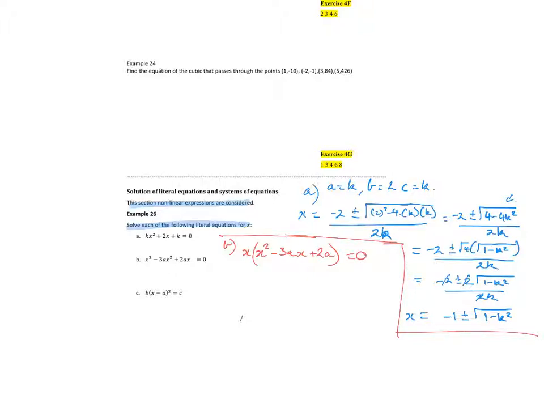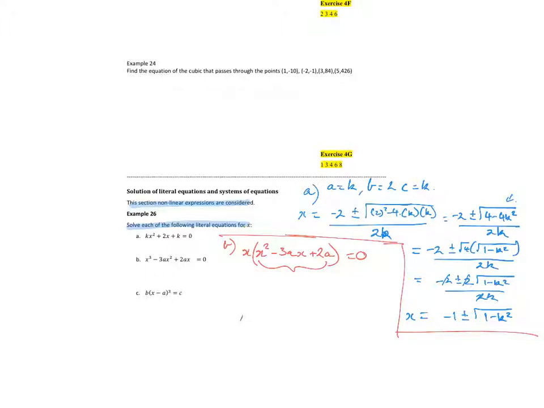So if we just look at that, obviously x is equal to 0, so we've got to look at factorising that expression here. So if we had 2a and 3a, no, we're not going to be able to by inspection, so we're going to have to go quadratic formula again probably.